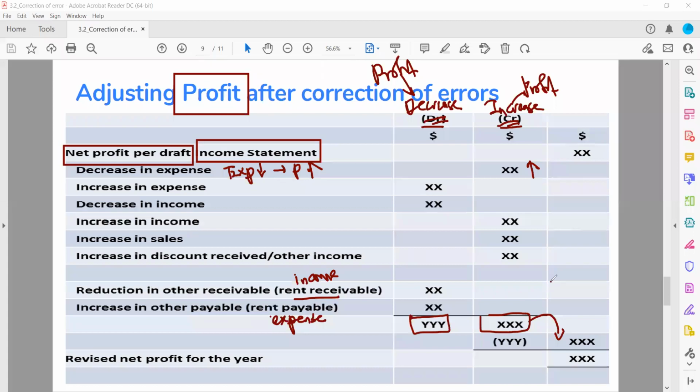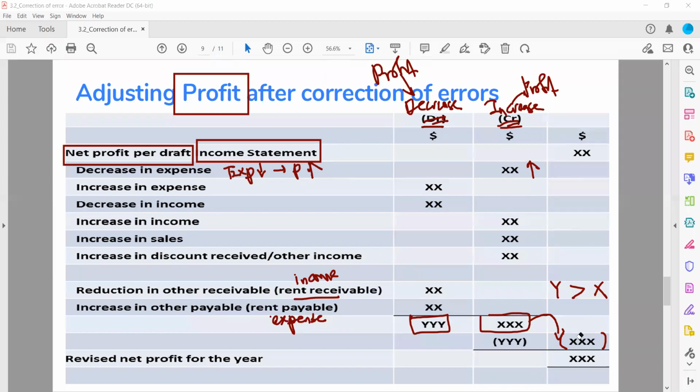The net can be plus or minus. If your decrease, the y, is more than the x increase, that means we're going to reduce the profit. So profit before adjustment minus all the adjustment here, then we will get lesser profit.